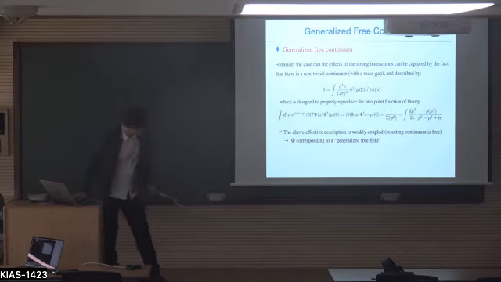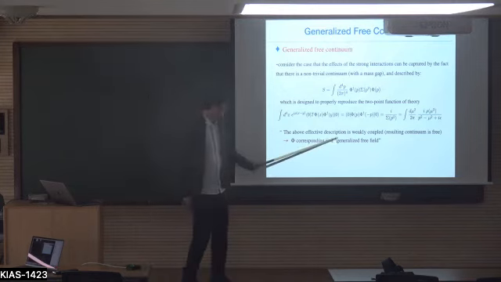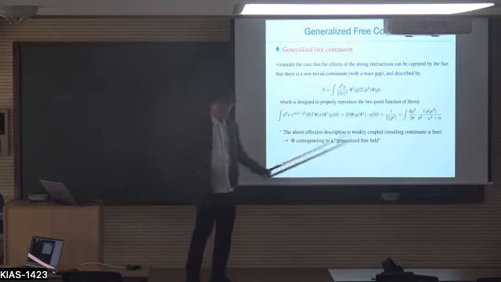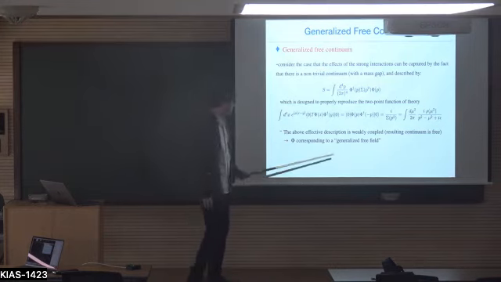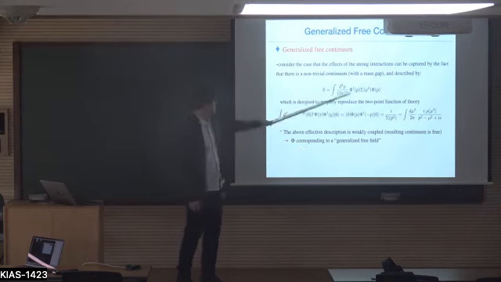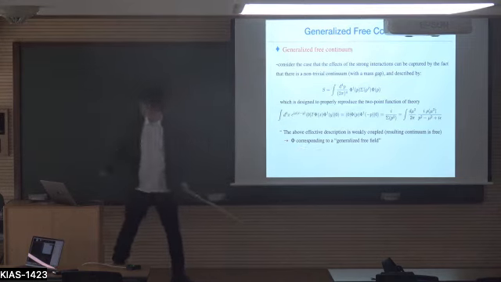The above effective description is weakly coupled. That's the case I'm interested in, resulting in what we call the free continuum. So this field is what we call a generalized free field.